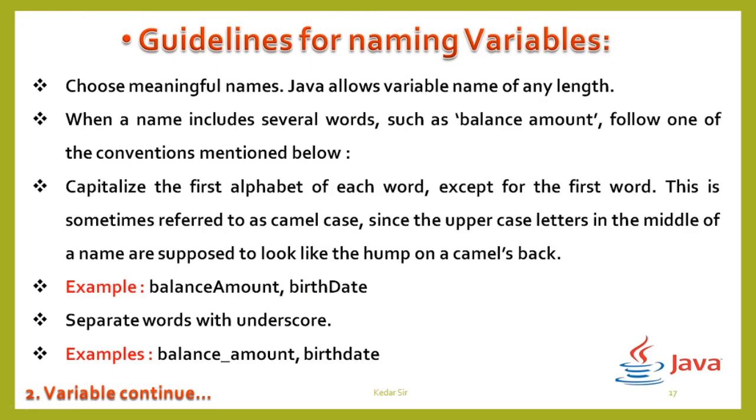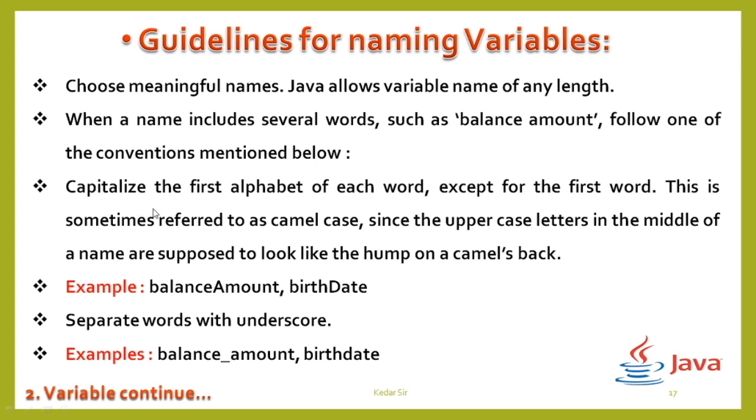These are some guidelines related to naming a variable. First of all, select a meaningful name. Java allows variable names of any length. When a name includes several words, like balance amount, follow the conventions mentioned below, right? So you use the camel case option.